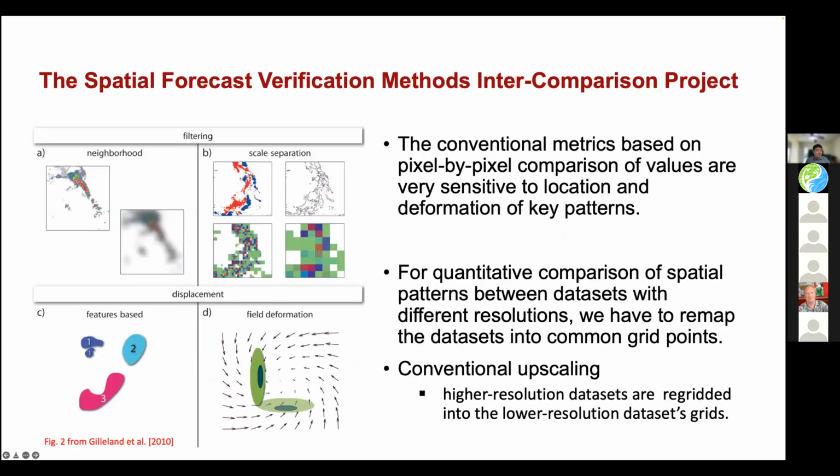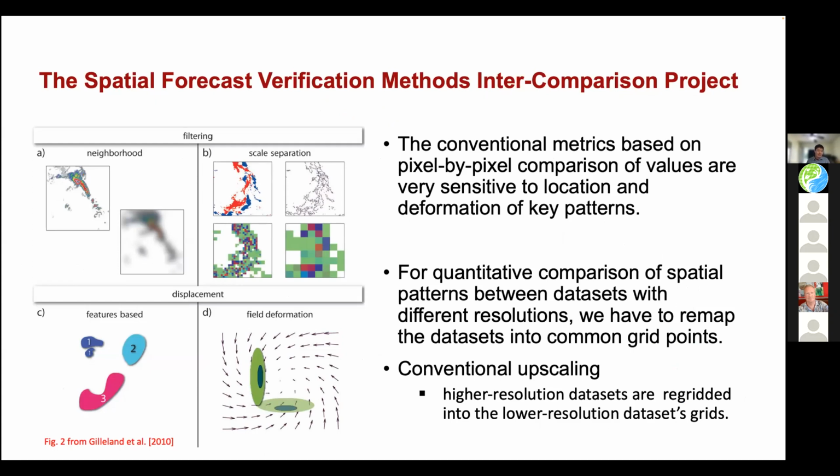And there were some people who took approaches different from Taylor diagrams. The Spatial Forecast Verification Methods Intercomparison Project at the National Center for Atmospheric Research aimed to analyze and evaluate spatial patterns in meteorological variables from weather forecast models.